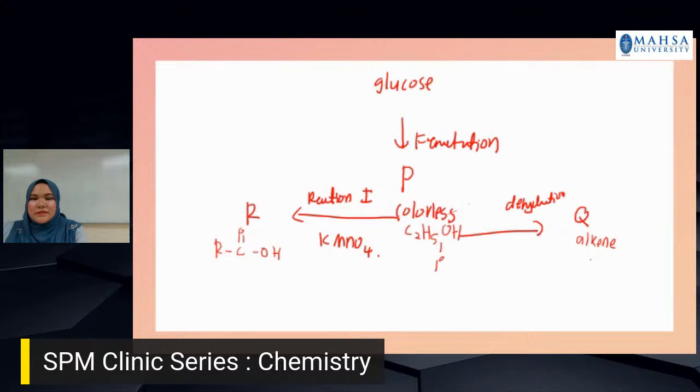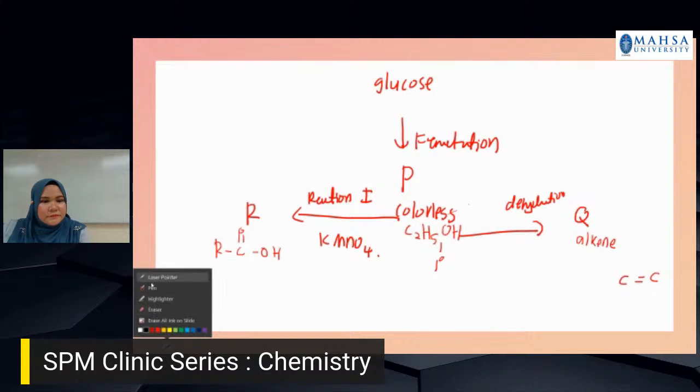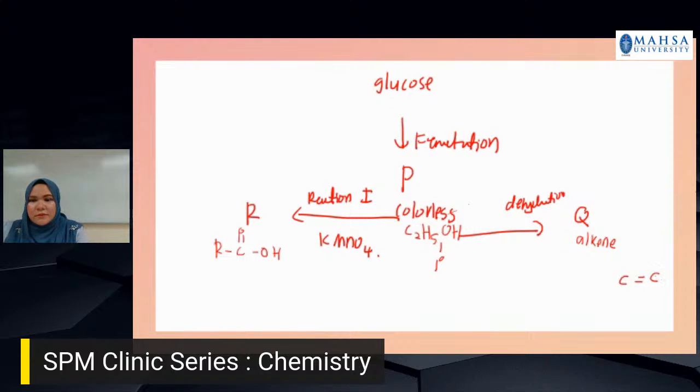So if you want to predict the structure of the alkene, you need to have C double bond C, and then complete with hydrogen, because dehydration of alcohol always produces your double bond.